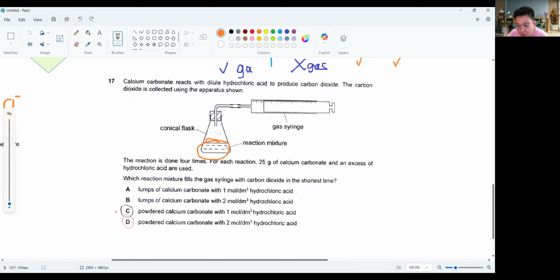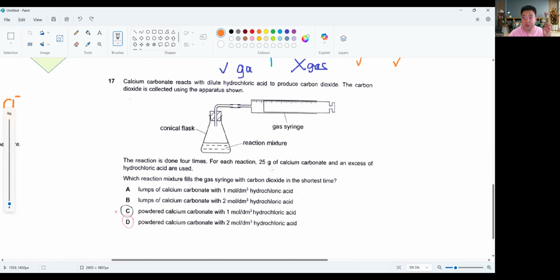Here they are reacting, and when they produce this carbon dioxide, it comes up here, and they are measuring the cm cube of carbon dioxide produced. The reaction is done 4 times. For each reaction, 25 gram calcium carbonate with excess of hydrochloric acid. Which reaction mixture fills it?